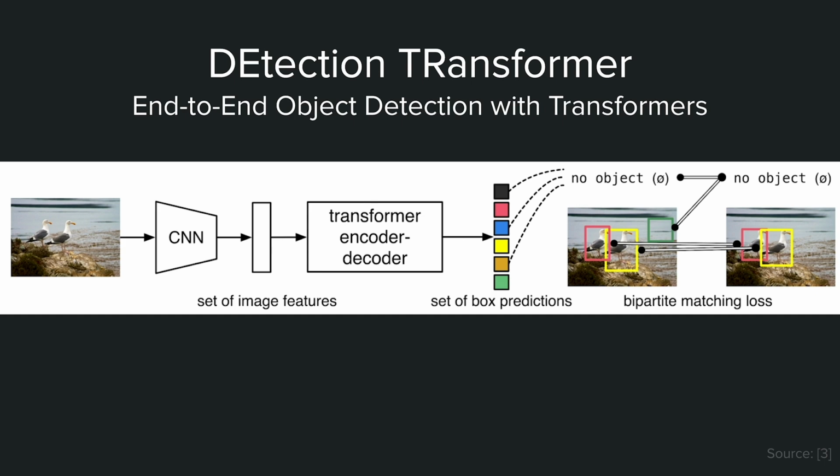So it's an end-to-end approach that gets rid of all these hand-designed mechanisms for anchor generation or non-maximum suppression, and it employs a really clever thing which is called the bipartite matching loss to make sense of how those generated output boxes relate to the actual boxes in our input image.